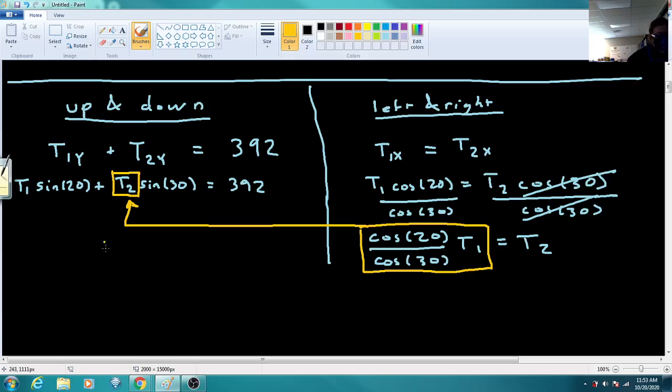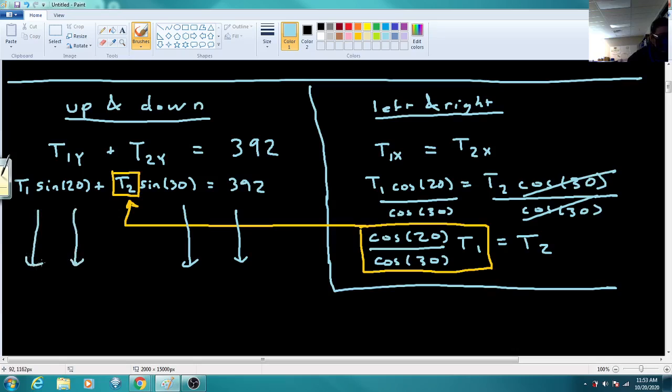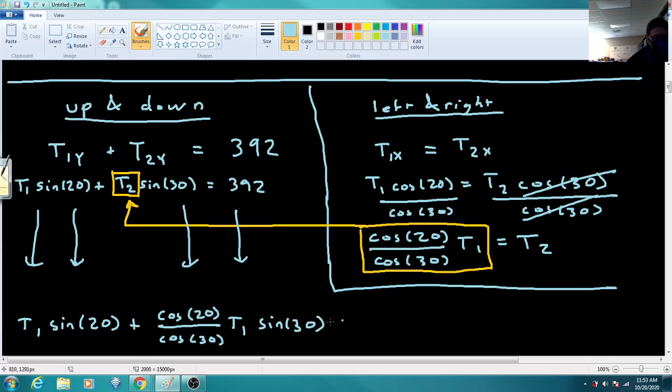So this whole bit, we're going to say what that looks like down here now. T1 sine of 20 still stays the same. Plus, instead of T2, it's cosine of 20 over cosine of 30 times T1. And that's being multiplied by sine of 30. And that whole thing equals the 392.